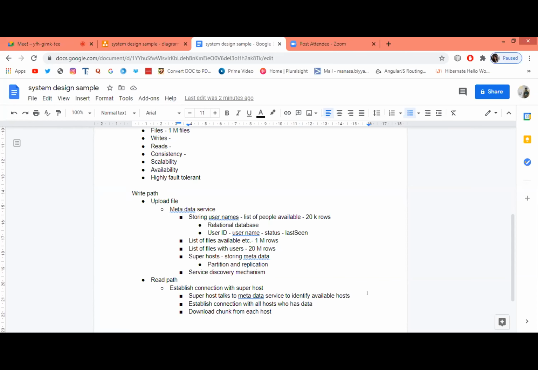I think with the metadata I receive, the mapping between the file ID, file chunk ID, and the list of hosts available, I can try the first host, and if that's not available, after a few attempts I'll go to the next host in the list.